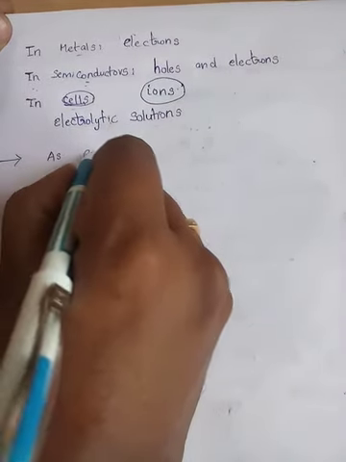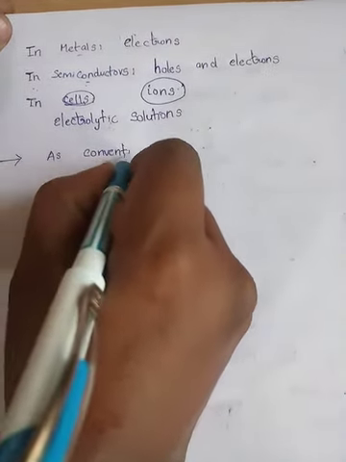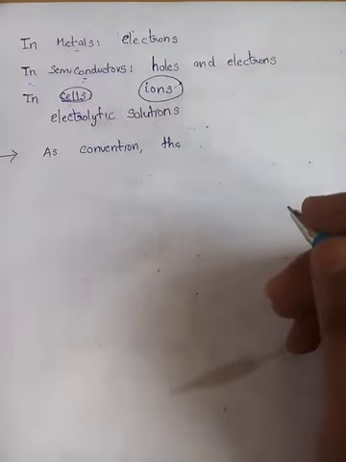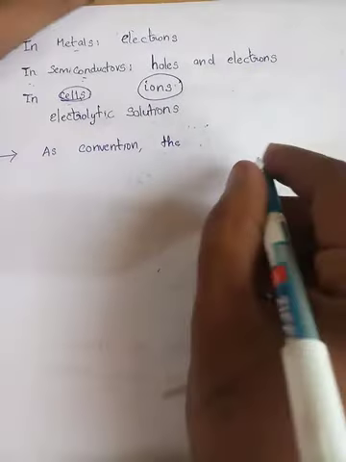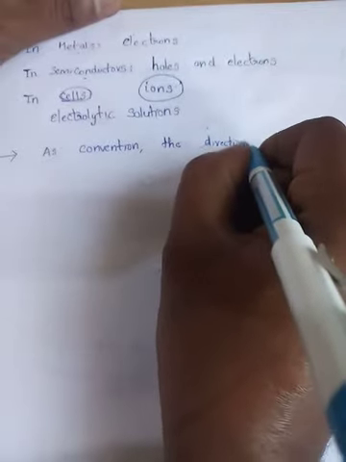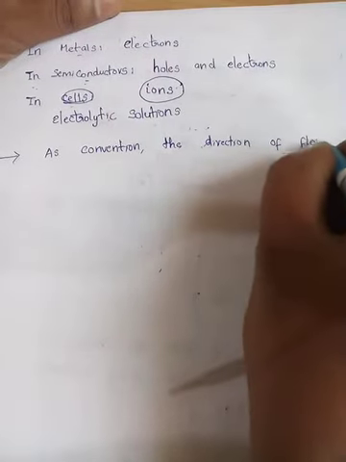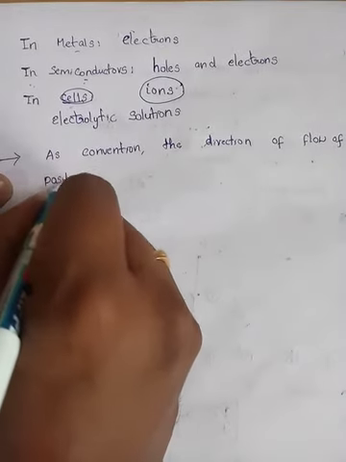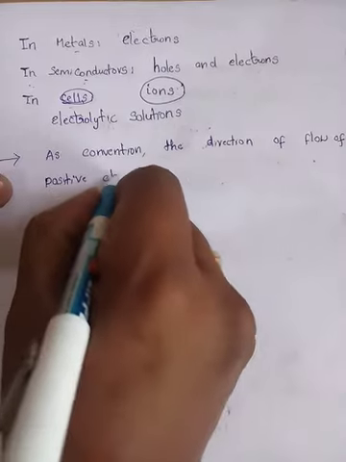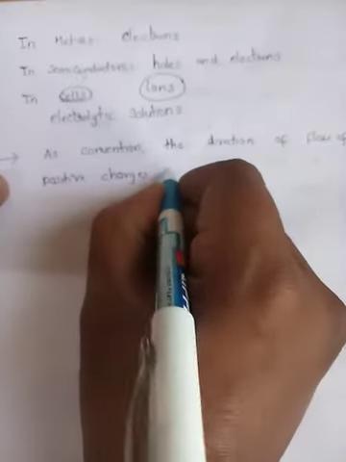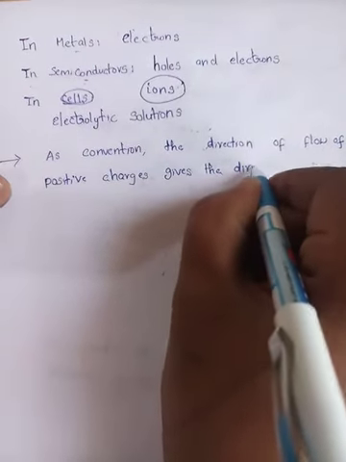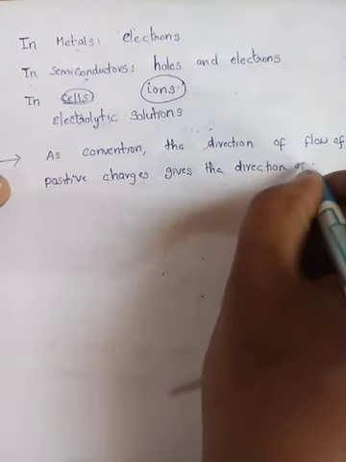As convention, the direction of flow of positive charges gives the direction of current.